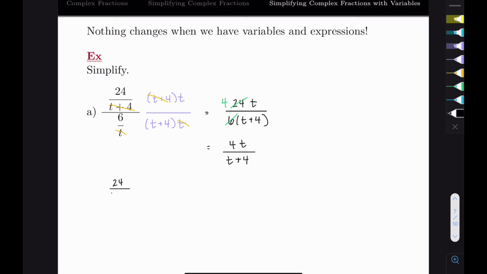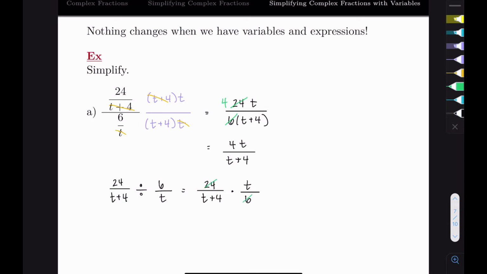So we're taking 24 over t plus 4, and we are dividing it by 6 over t. So we change this just to those types of problems we were doing in the first section. We flip the fraction and times it by t over 6.